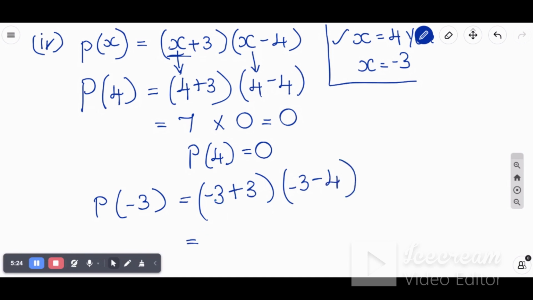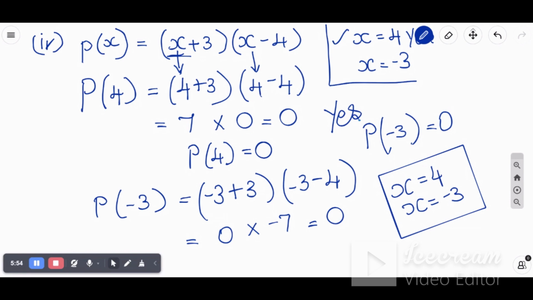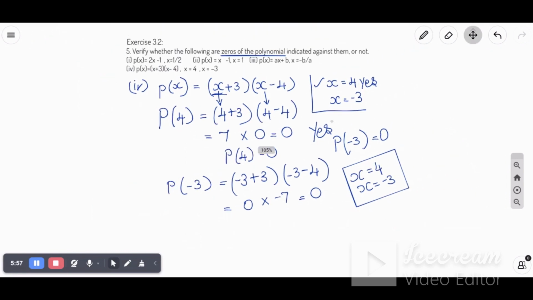Now what happens is minus 3 plus 3 is a 0, and minus 3 minus 4 is minus 7. 0 into anything is 0. So what you have got is p of minus 3 is also equal to 0. So our conclusion is both x is equal to 4 and x is equal to minus 3 are the zeros of this polynomial. So in all the questions, our answer is that the given values are the zeros of the polynomial.